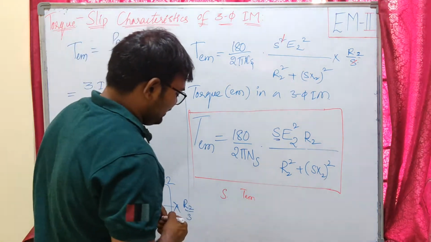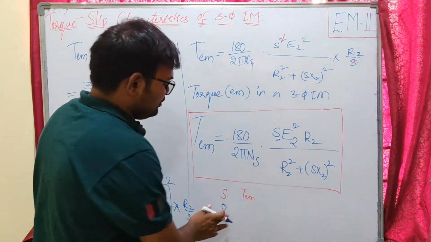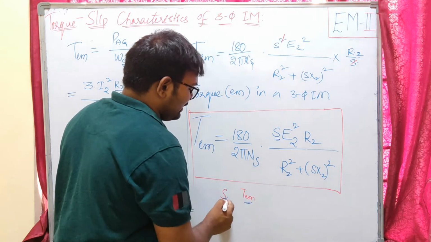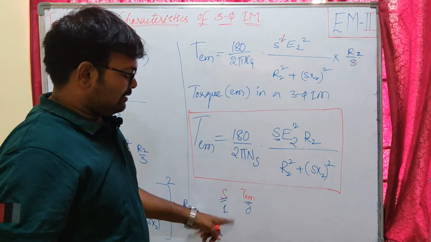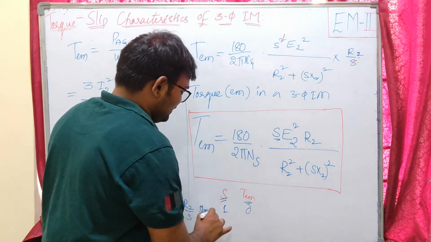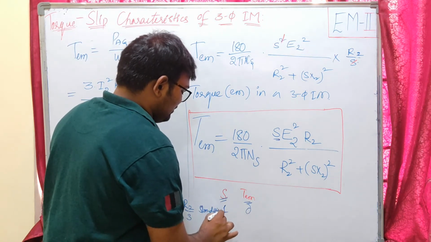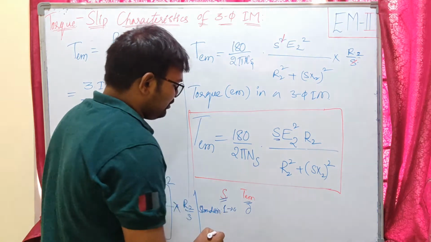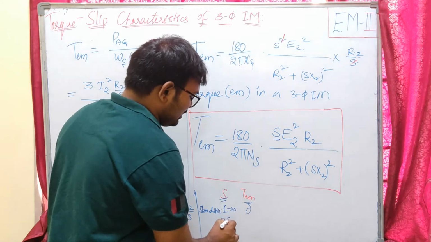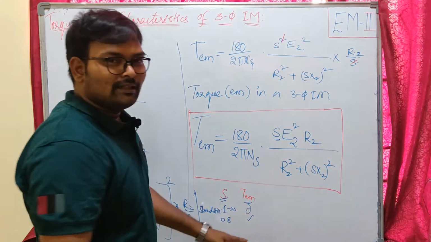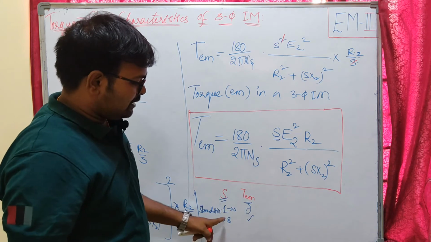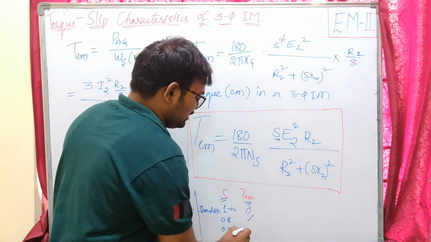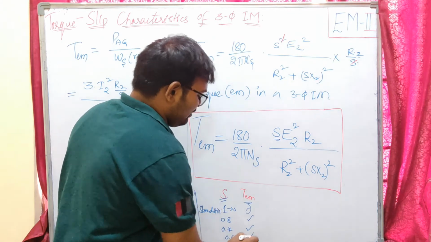At starting, when slip equals 1, there will be no torque at standstill condition in the rotor. Whenever our slip ranges from 1 to 0, I will get some electromagnetic torque. Whenever our slip is other than 1, we are going to get torque, so for each and every slip we get an electromagnetic torque.